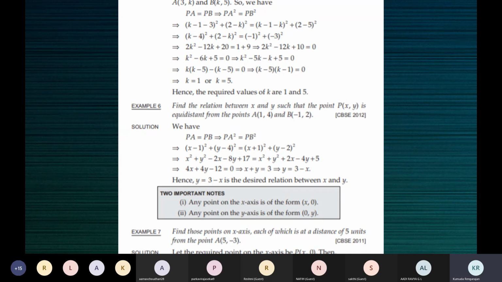You can just start like, let B be a point on the x-axis. So B will have the address x comma 0. Try. Let's see what you can do with it.